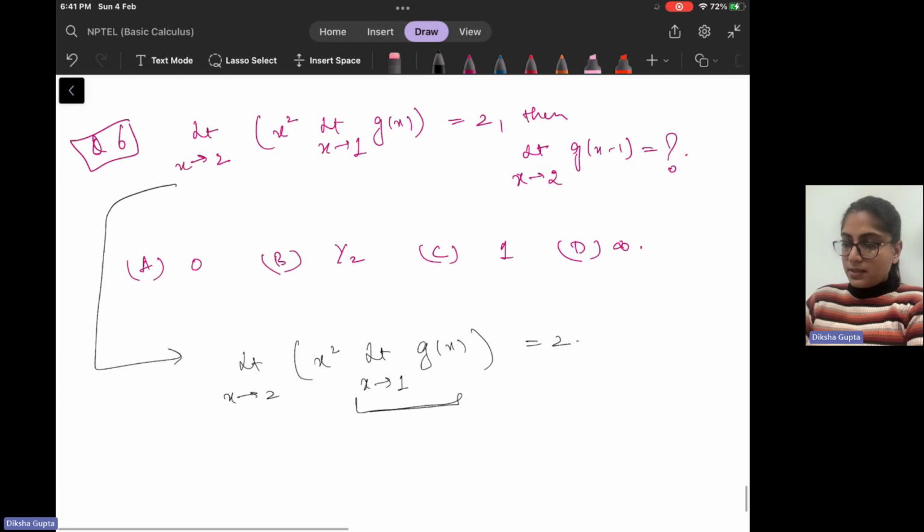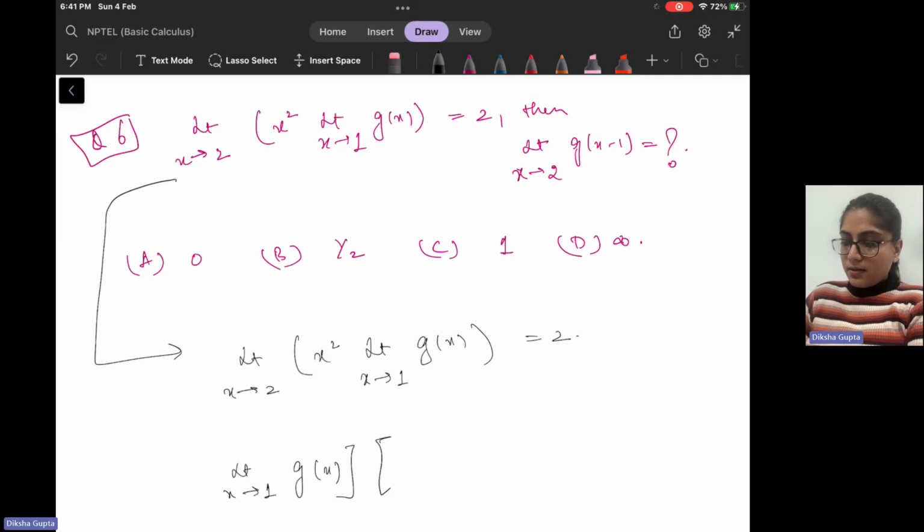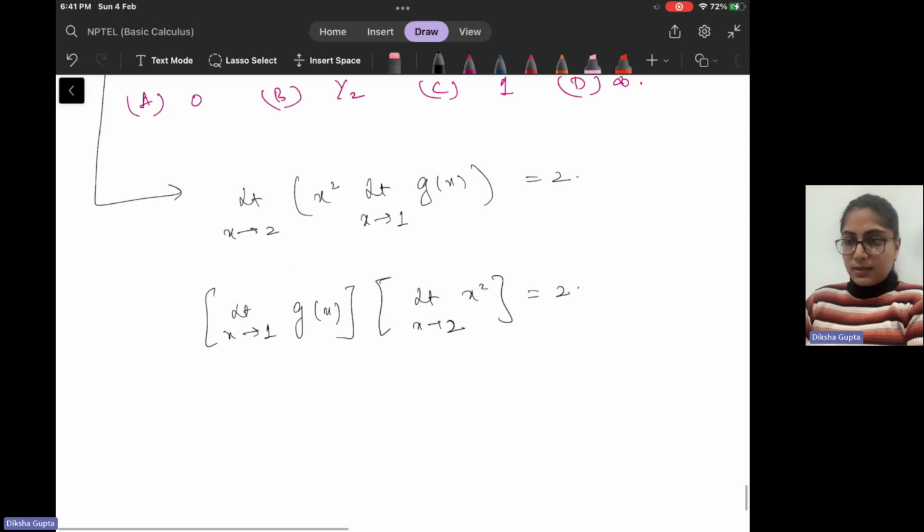Now see, when a limit is applied to a function it becomes a scalar, so it can be taken out, again, by the algebra of limits. So this is nothing but limit x tending to 1 of g(x) into limit x tending to 2 of x square equals 2. This was the trick here.